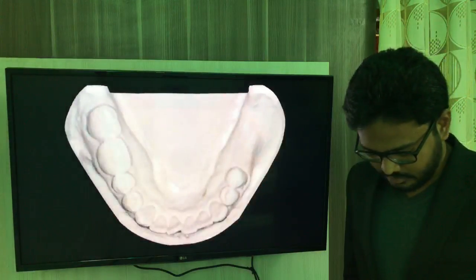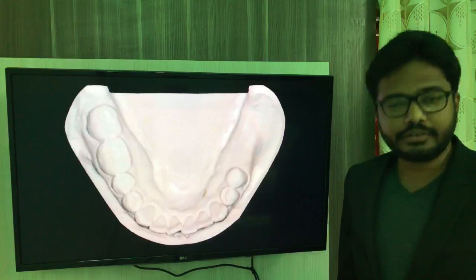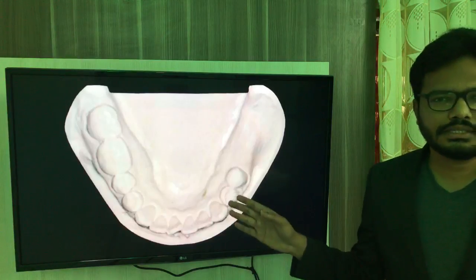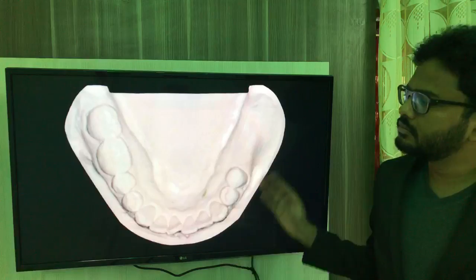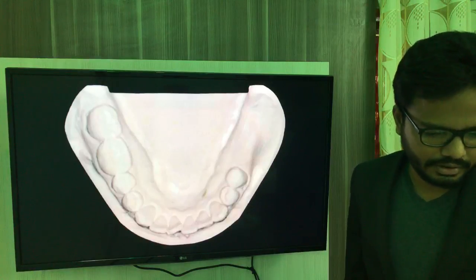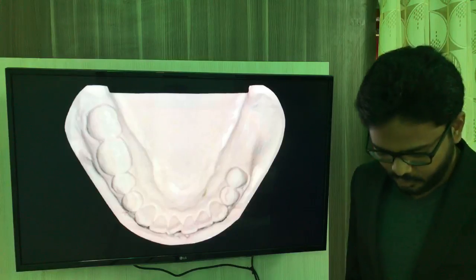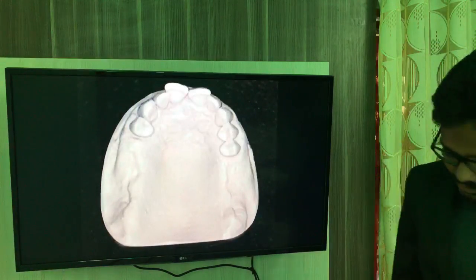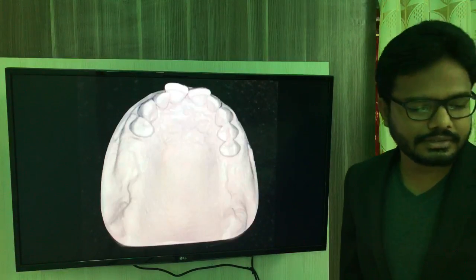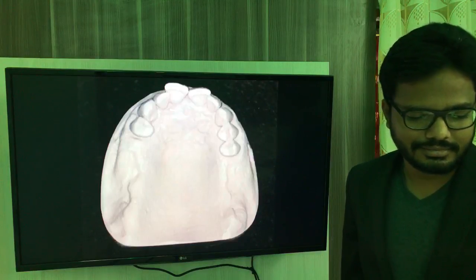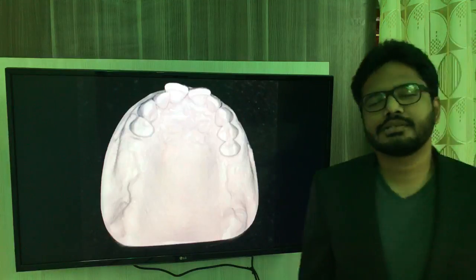And this unilateral posterior edentulous area represents class 2. And finally we have a posterior bilateral edentulous area, which represents class 1.